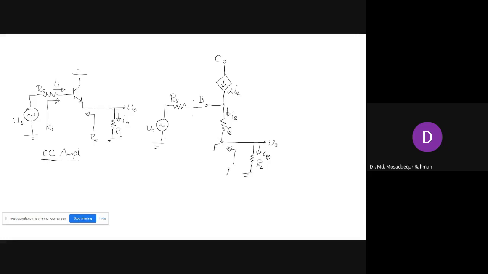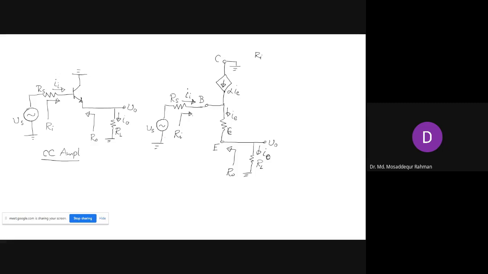So that is our output resistance, and here this is our input resistance. The current that is flowing, this one is our input current, Ii. The collector is grounded, so we just ground the collector. Now, what will be the input resistance in this case?